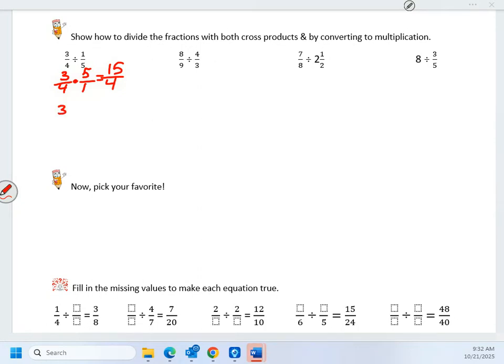Or I could do my cross multiplication. And I'm going to show my work both ways. So these first 4 problems, you have to do it both ways, and you should get the same answer.